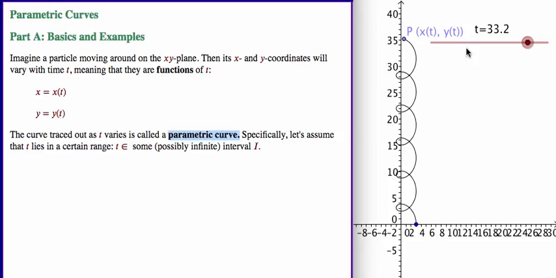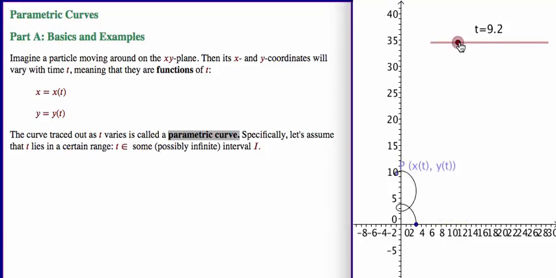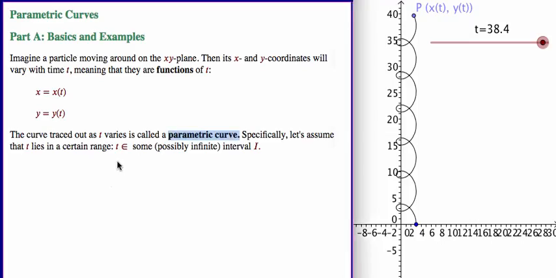And specifically, the value of t that I've been using lies in some interval starting at 0, and in this case going to 40. So the value of t lies in the closed interval from 0 to 40 in this particular case. And in general, t is going to belong to some possibly infinite interval.